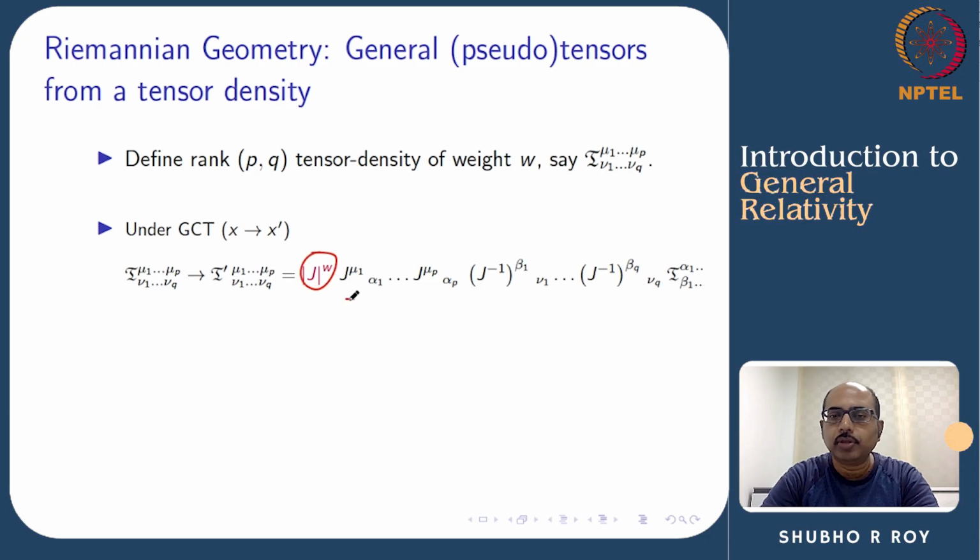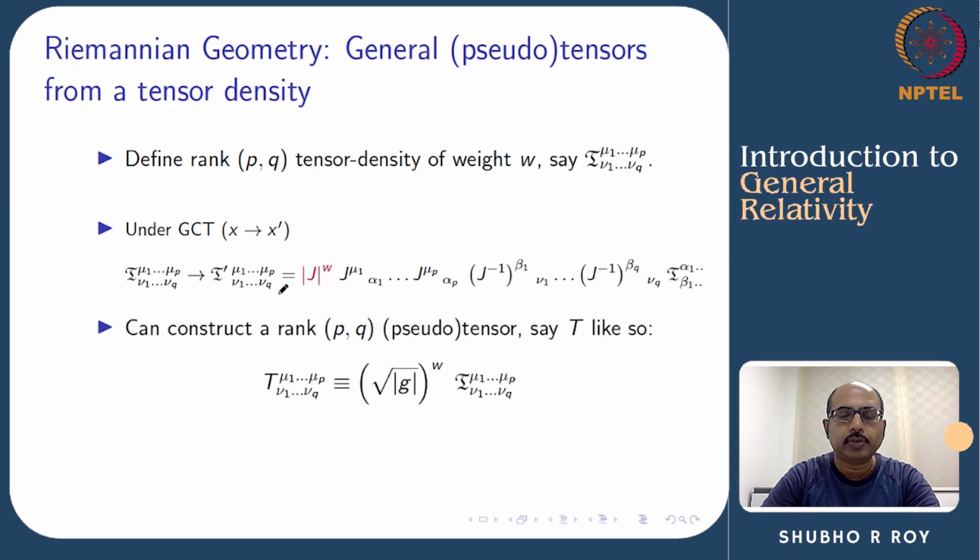Okay, in addition to the usual tensor stuff, so because it's rank P comma Q, you have P factors of the Jacobian matrix components, you have Q factors of the inverse Jacobian matrix components, and on top of that, we have W powers of the Jacobian determinant. Then we call this kind of an object which transforms like this under a general coordinate transformation a tensor density of weight W. Okay.